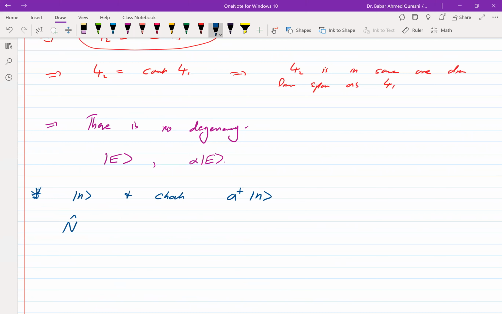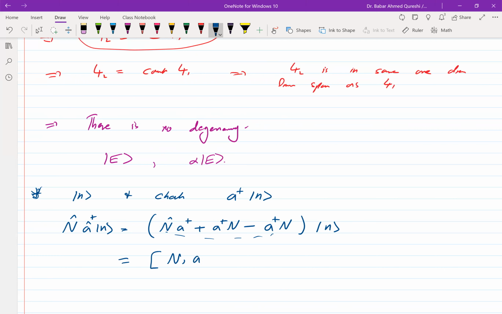When I act with this operator on this, what do I get? I can combine these two to give me this.